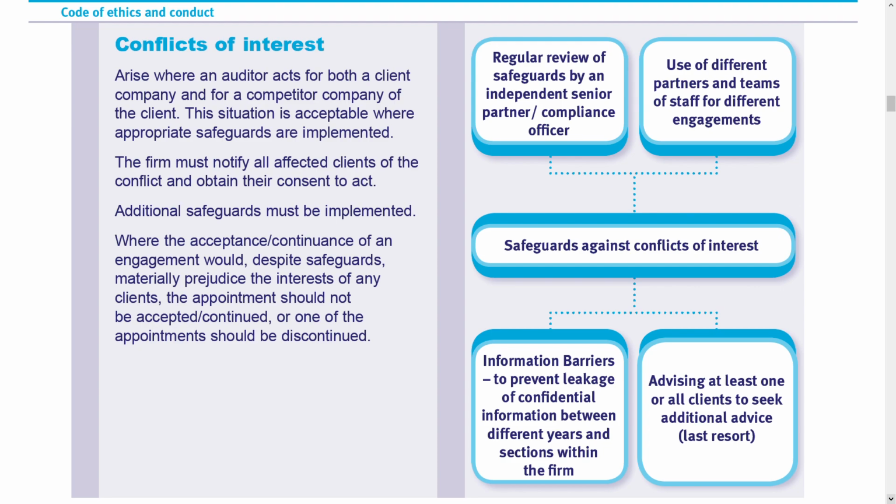You are not sharing the information of each other, so for that you have an information barrier, that is a safeguard. Then, advising at least one or all clients to seek additional advice as a last resort. You can tell one, or you tell all the clients that they have to seek additional advice as a last resort.